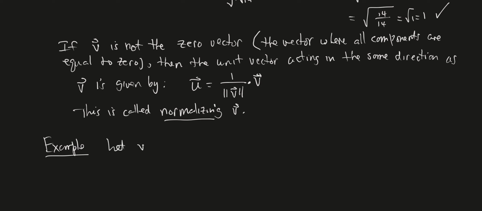So let v be the vector, and I'll go ahead and use our new notation, 2i plus 2j minus k.